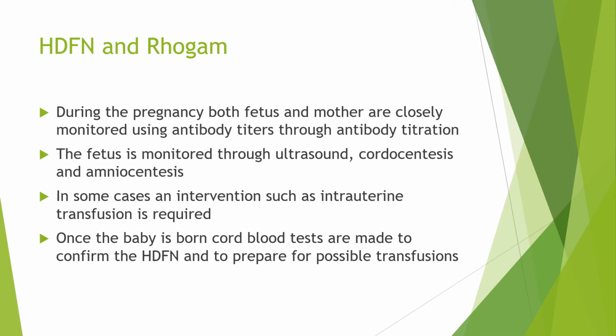Once the baby is born, some tests will be made, such as ABO grouping, Rh typing, DAT, and elution. The most important test at this time is the DAT, so the doctor will see which kind of anti-IgG is coating the baby's RBCs.